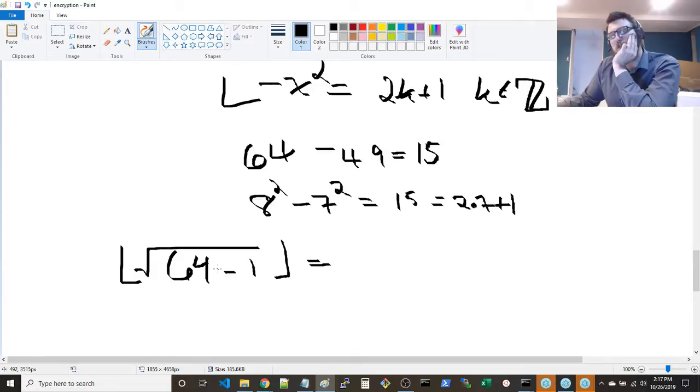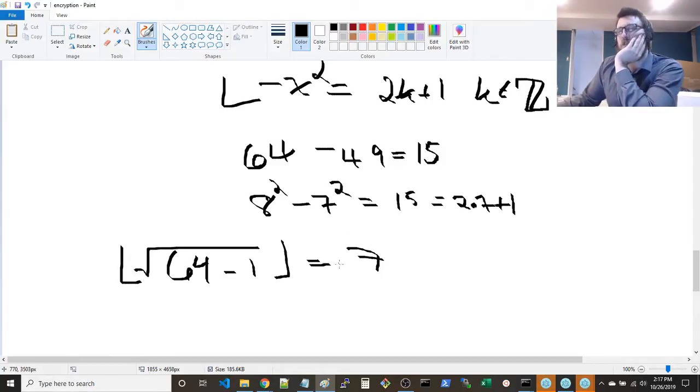Yeah, because 64 minus 1 would be less than 8 squared. So when you take the square root, it's going to be a number less than 8, and so you take the floor, it ends up being 7.